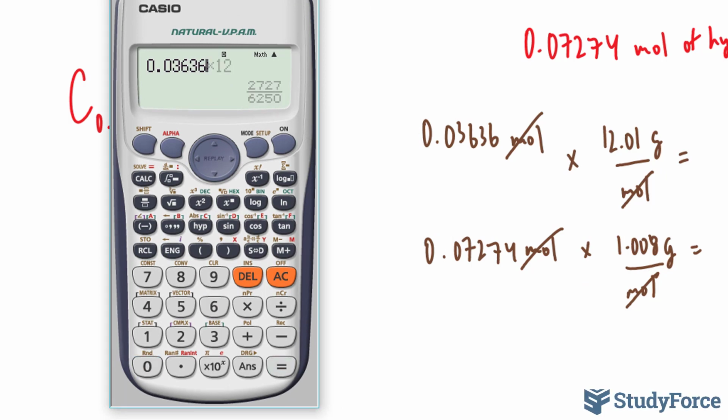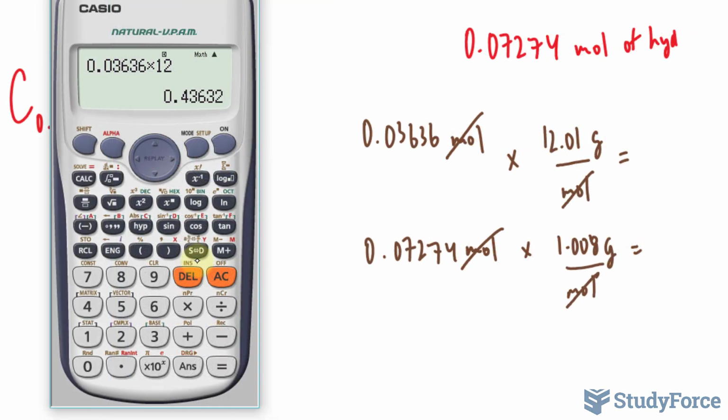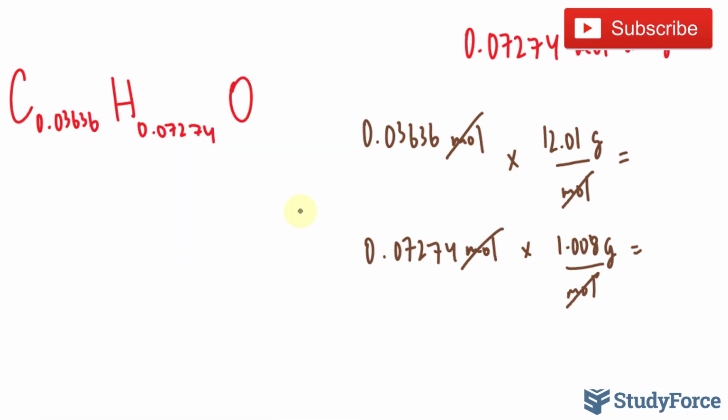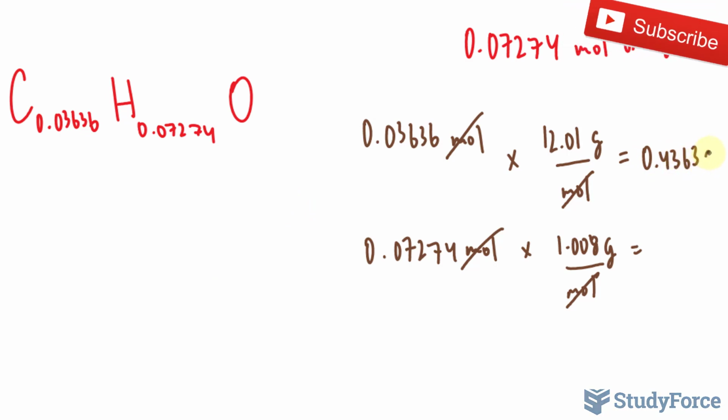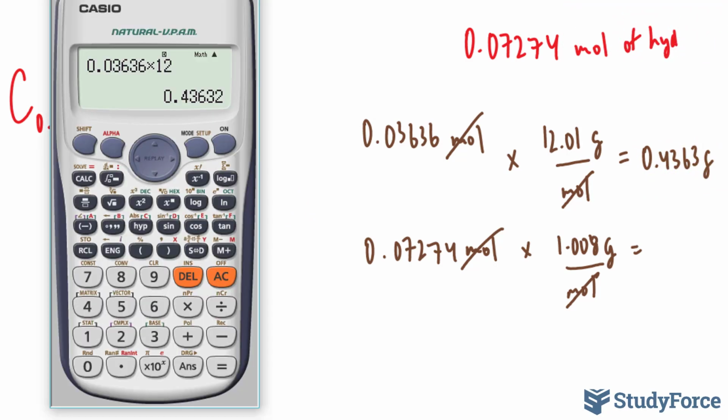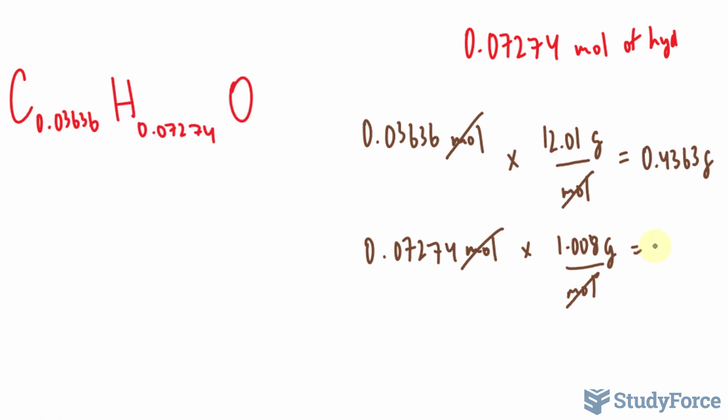0.03636 times 12 gives us 0.4363 grams. And now these two numbers multiplied, 0.07274 times 1.008, and that gives us 0.0733 grams.